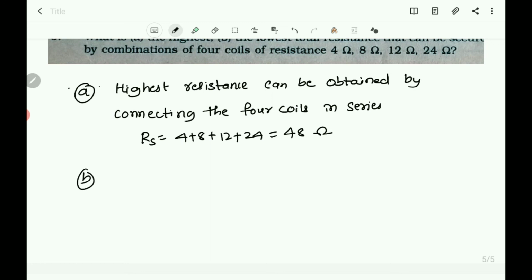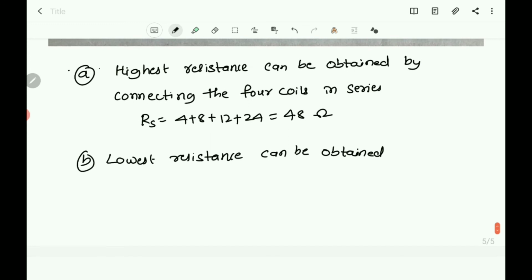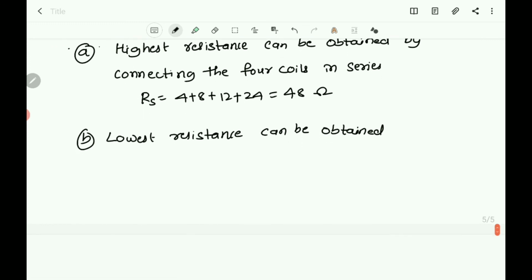So you write: lowest resistance can be obtained by connecting the four coils in parallel.